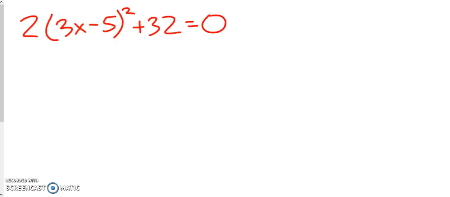Here's the last example for this section. Hopefully I can squeeze it in the next 50 seconds. Notice that there's just something squared here, so we can isolate it. Subtract 32.